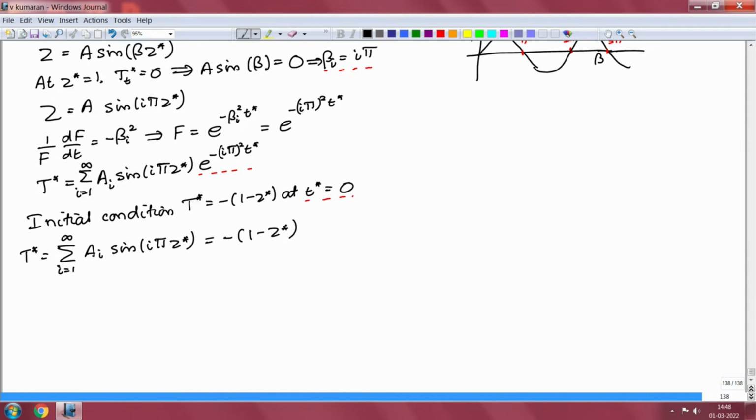I will go through the solution procedure. It is called an orthogonality relation. This orthogonality relation is used in order to find out the solution of this equation.